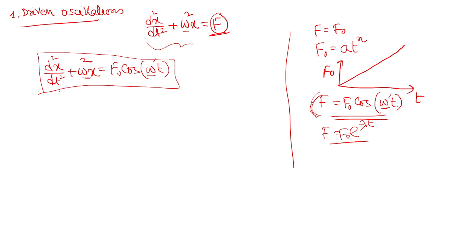We want to solve it using the Euler method or the RK4 method, and we want to see the behavior of x with time: how our displacement, or in the case of an LC circuit our charge, changes with respect to time.